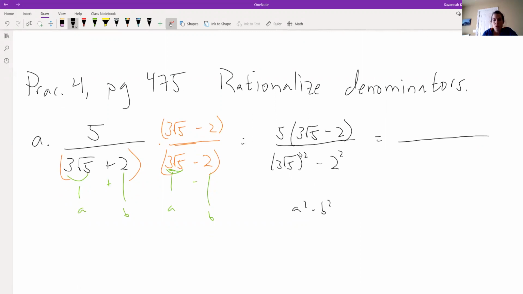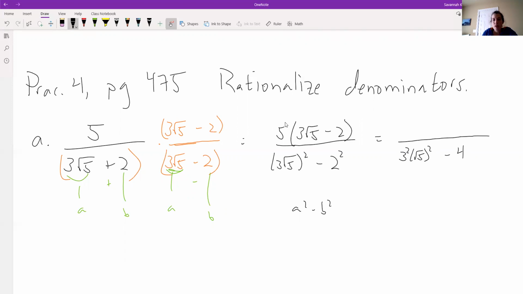As I square 3 square roots of 5, let me take that down to just the microscopic level, since this is our first example here. That's the same thing as 3 squared times square root of 5 squared. This is an application of an exponent rule. And then minus 4.